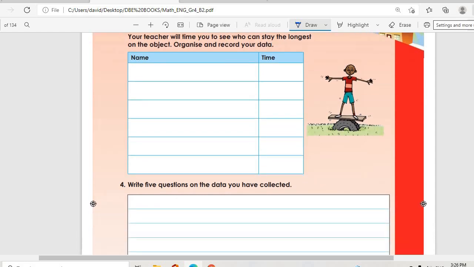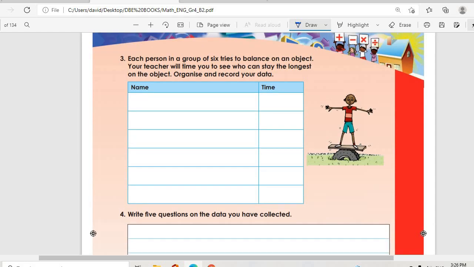Number 3: each person in a group of 6 tries to balance on an object. Your teacher will time you to see who can stay the longest on the object. Organize and record all the data. On this one, let's say for example Montayo, you record maybe 2 minutes.